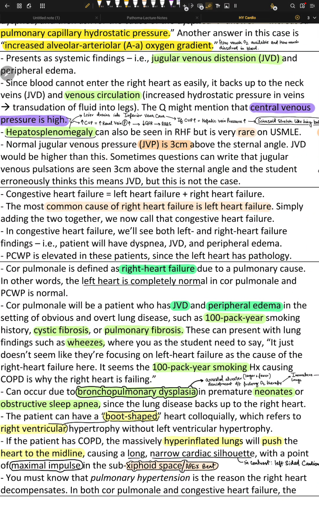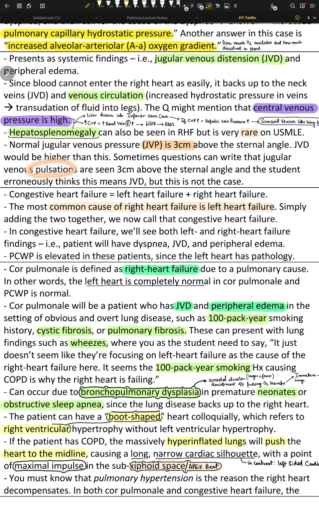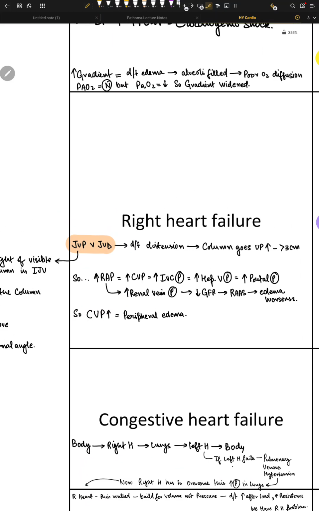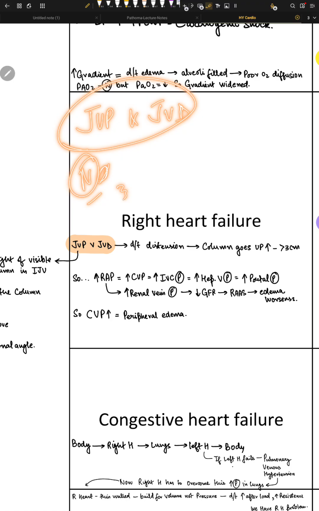Sometimes a question can write that jugular vein pulsations are seen 3 centimeters above the sternal angle, and students erroneously think that this means JVD, but this is not the case. So here the author is trying to emphasize that JVP and JVD are really different things. JVP is just normal, that's 3 centimeters, and JVD is the distension due to right heart failure.